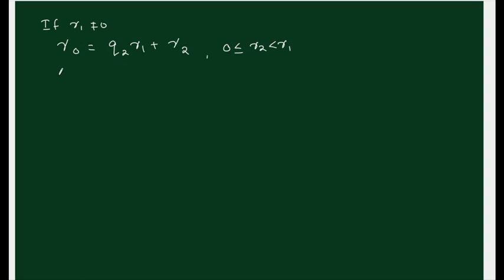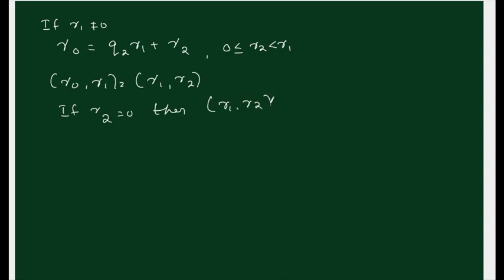Now, again, as in the previous case, GCD of R0, R1 equal to GCD of R1, R2, and if R2 equal to 0, then GCD of R1, R2 is going to be equal to R1 itself, and we stop.